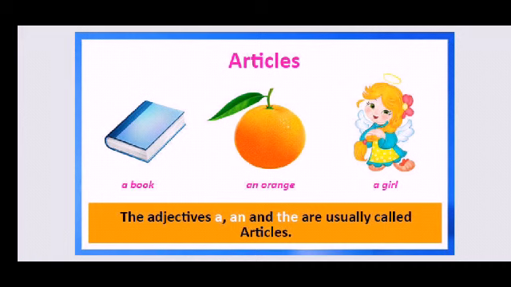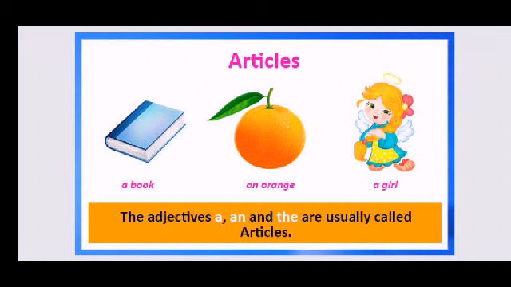Orange started with the vowel sound O, so we use article an. An orange. In the third example, a girl. Girl started with the consonant sound G, so we use the article a.